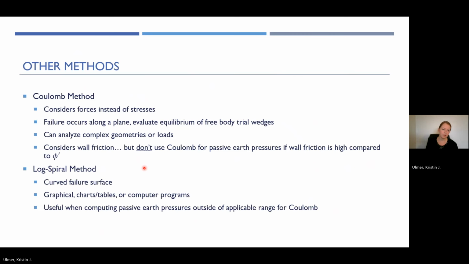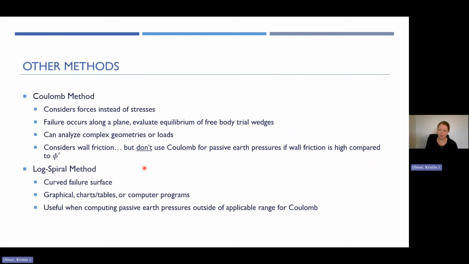So for passive earth pressures, don't use Coulomb for conditions where your wall friction is really high compared to the friction angle. But that's why there are other methods like the log spiral method, which assumes a curved failure surface, which, as I mentioned, is probably a little bit closer to what is actually happening based on some laboratory tests that have been done in the past. In this method, it's a little bit more complicated. So it's a graphical method you can apply. There are some charts or tables that help you apply this method. There are also computer programs that can help with that.